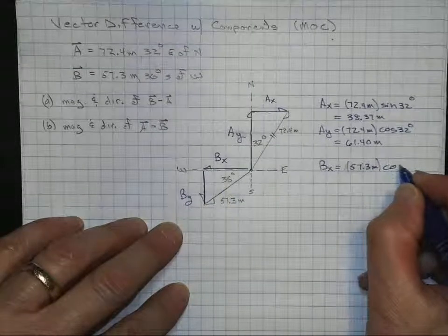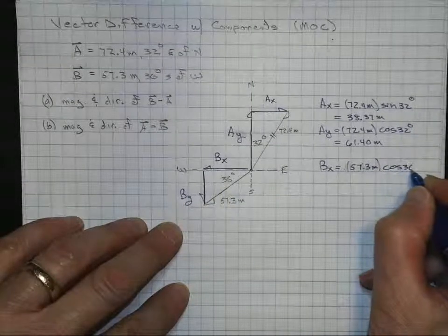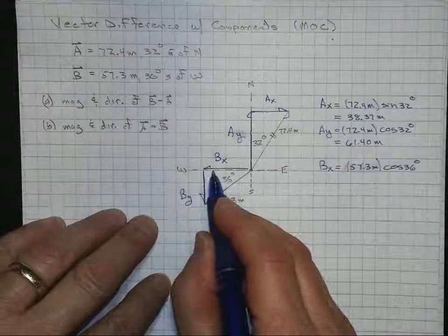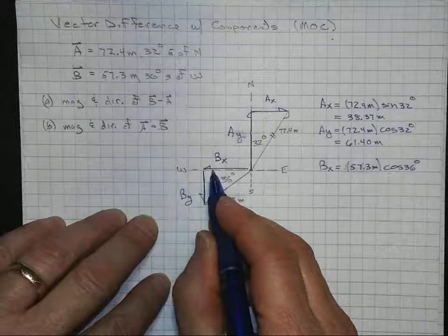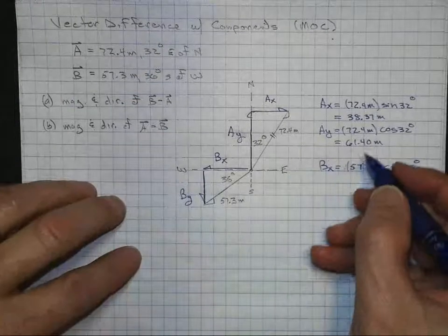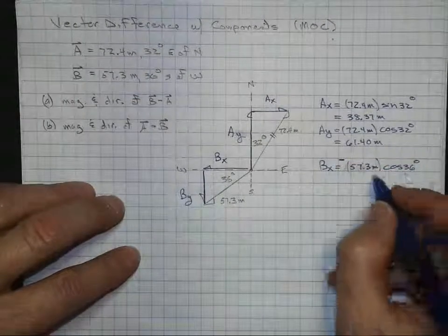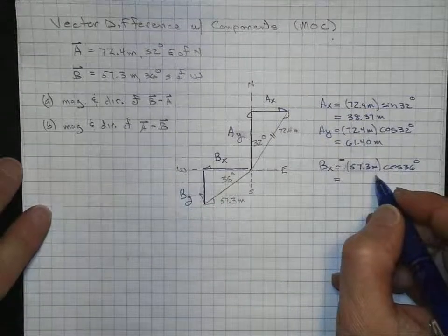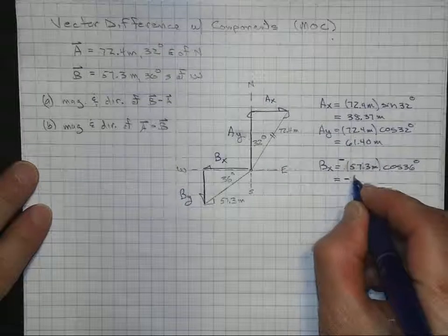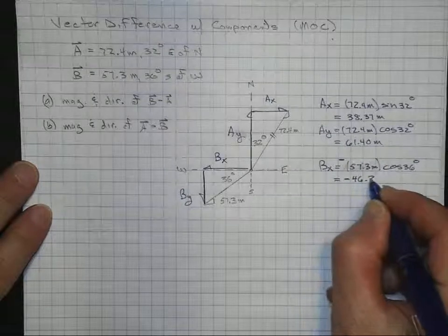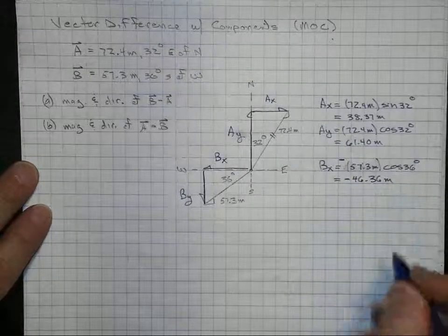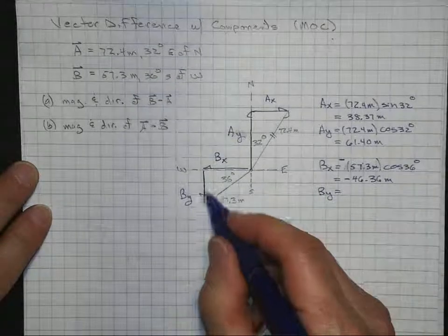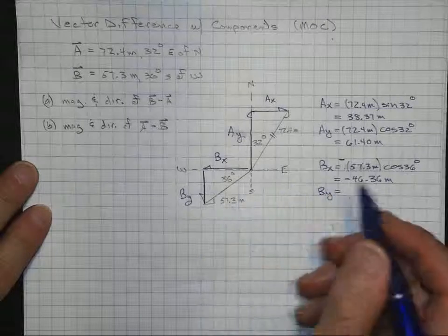If you look carefully at the drawing, you can see that BX is heading in the negative direction, westward, so there's a minus sign in front of this, and when you work out the cosine, you get that BX is minus 46.36 meters. BY, the y part, will also be negative. It's pointing in the negative y-axis direction, towards the south.